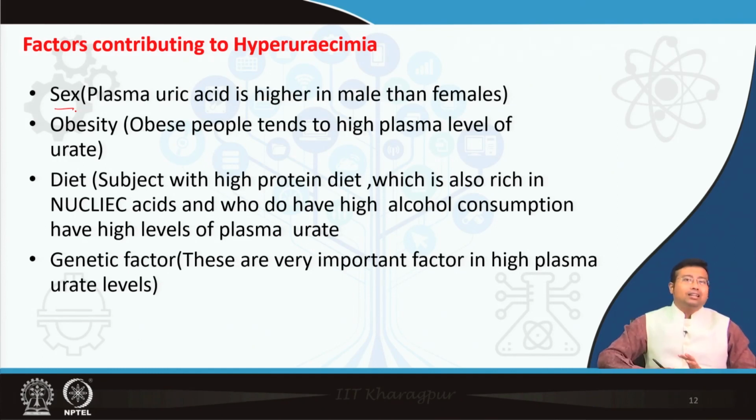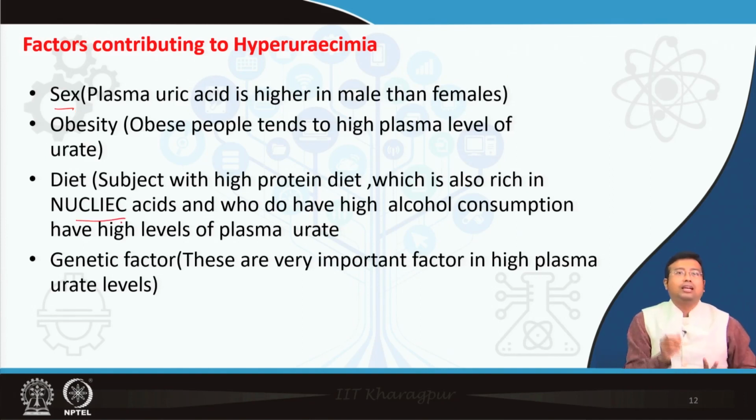Next, diet. It is a very important factor which contributes to hyperuricemia. Especially a higher protein diet. For example, a person who is trying to build muscle, or due to any reason his dietary habit includes Western diets, has more protein component in the diet. Since it is high protein, it is also rich in nucleic acids.